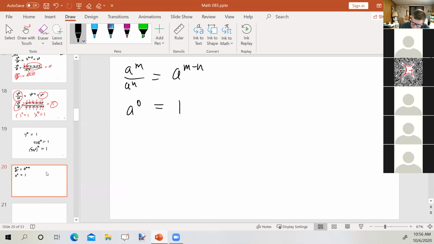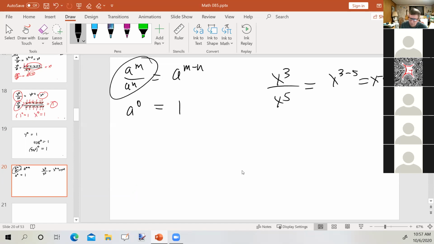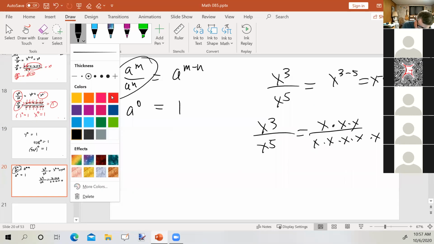Now, what if the top exponent is smaller than the bottom exponent? Well, this would be x to the 3 minus 5 power, or x to the negative 2 power, right? Following this rule. But what if we did this problem the long way, and we have x times x times x over x times x times x times x times x, okay?